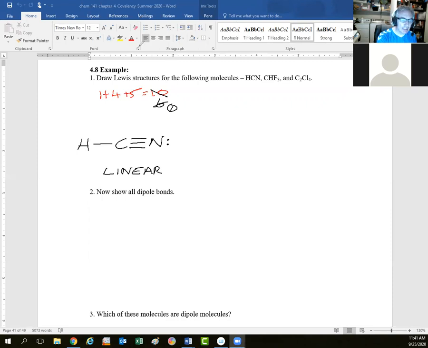Looking at the electronegativities, which should be provided, of course 2.1 for hydrogen, 2.5 for carbon, and 3.0 for nitrogen. So that difference between carbon and nitrogen, 0.5, is significant and therefore makes a polar bond. A dipole arrow runs alongside, pointing to the more electronegative element.